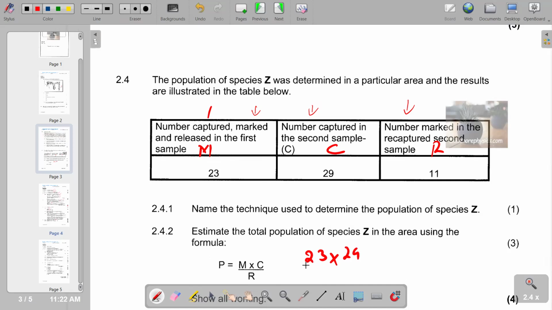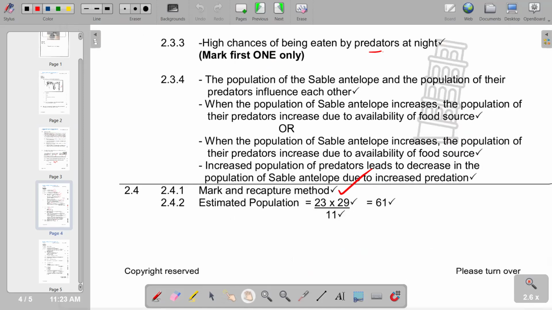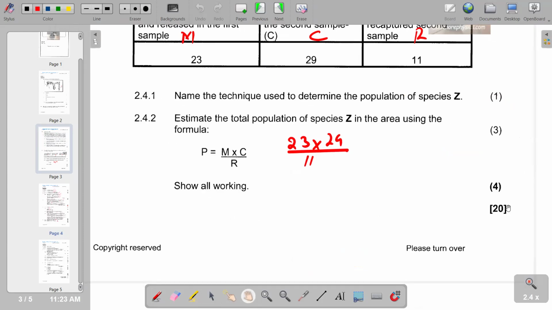And with that, obviously, we're going to divide by our R, which is 11. This is exactly the calculation that we have here. If you calculate like that, your answer is 61. So this marks the end of our question 2 with a total of 20 marks.